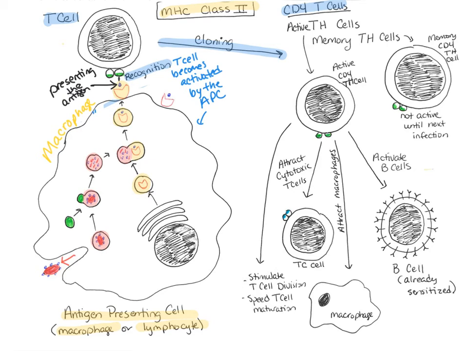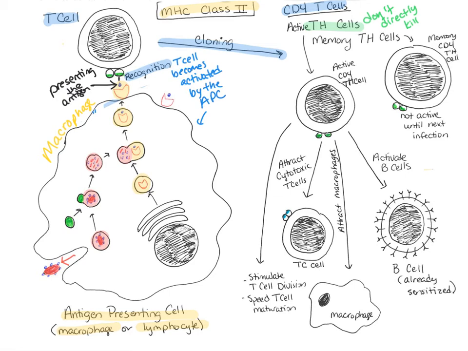And the CD4 T cells are helper T cells. So they're not going to directly kill any cells. Helper T cells don't directly kill. The only ones that directly kill are the cytotoxic T cells, and those are CD8 T cells that were activated by MHC class 1. These are helper T cells that were activated by the MHC class 2.